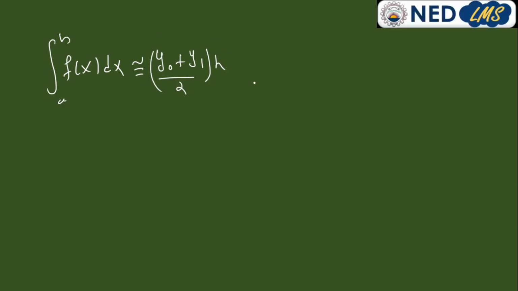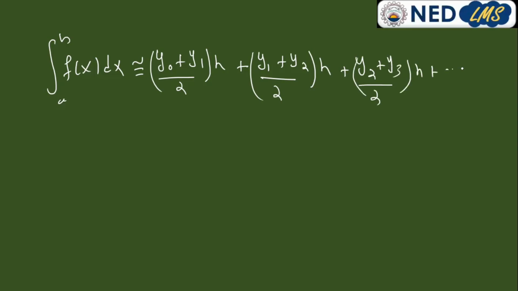This is A1. Similarly, I need to compute A2, which I can do directly. The second interval has parallel sides y1 and y2, divided by 2, and multiplied by h because they are equidistant. Similarly, the third interval, which is not shown in the diagram, starts at y2: y2 plus y3 divided by 2 multiplied by h, and so on.